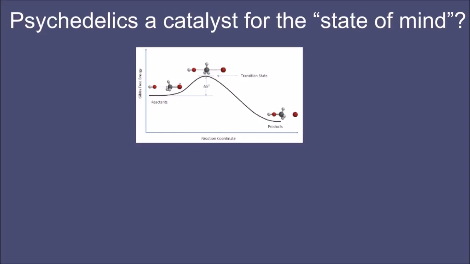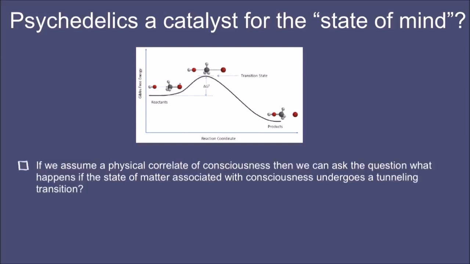And the very final thing: with this notion that relaxing to a stable state feels pleasant, you could think of psychedelics as literally a catalyst for the state of mind. Because again, if you're a materialist, you must be in some state of mind, and what happens if this is catalyzed somehow and goes through a typical chemical reaction?